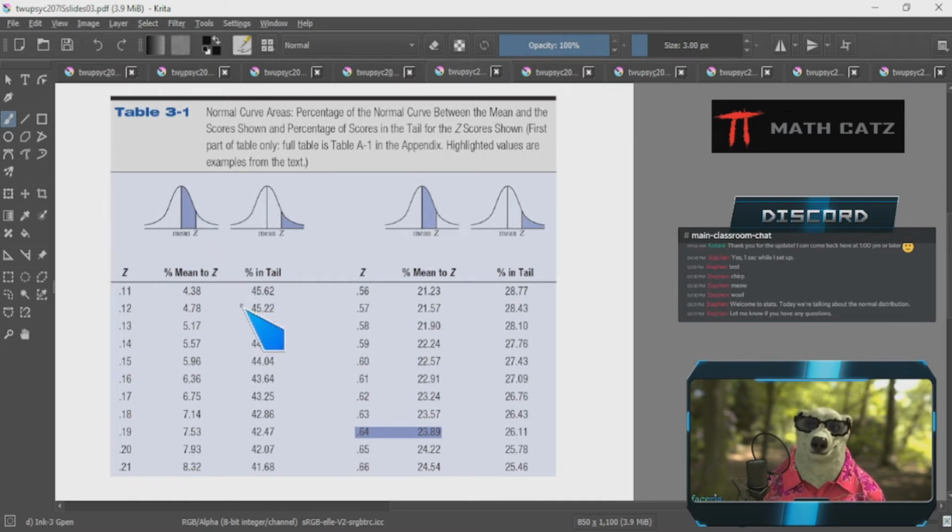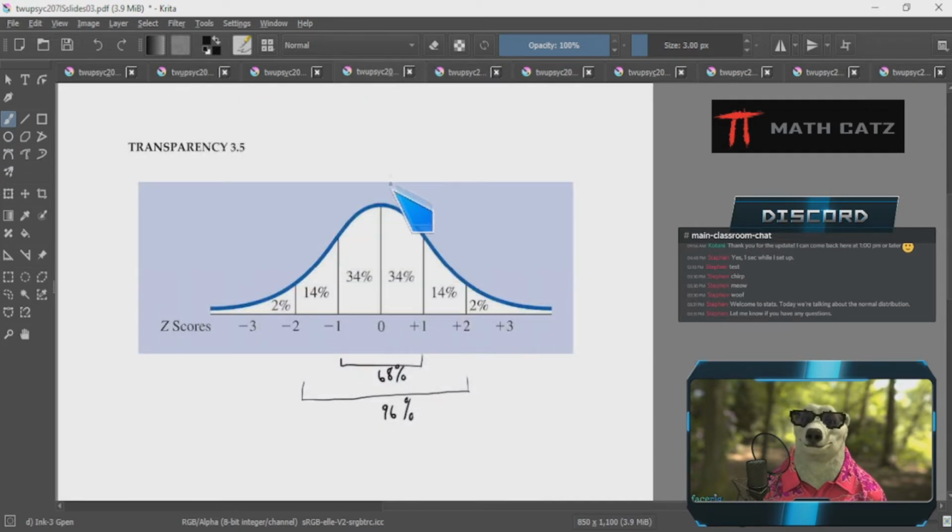Another way to interpret it is if I want to look from that z-score beyond to the right, then that captures 45.62%.